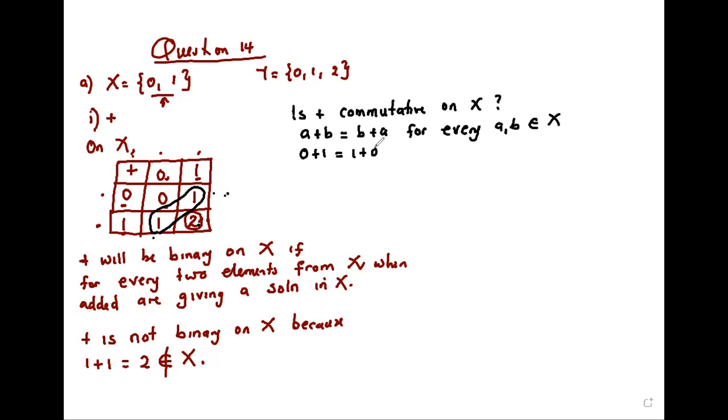What else? Nothing, because when I say 0 plus 0, it's the same thing as 0 plus 0. 1 plus 1, there's no switch there. So because this is the same, and it was the only variation that we have, then plus is commutative on X.